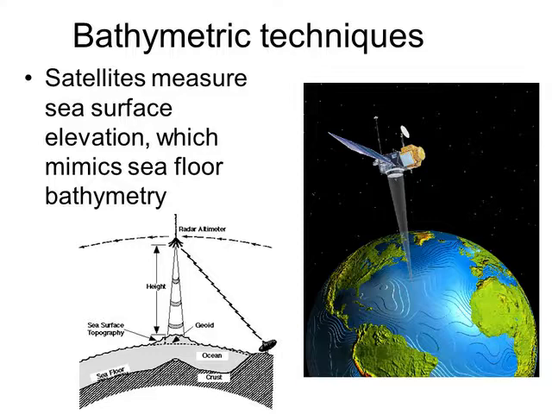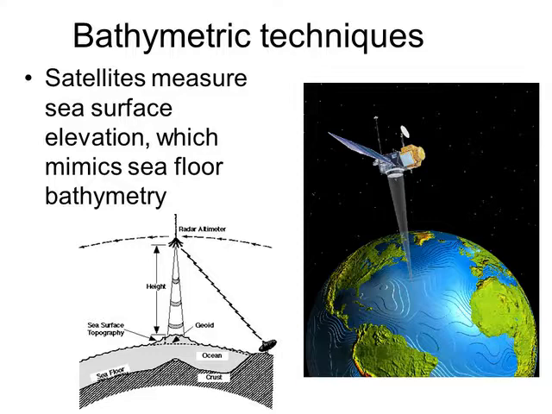And essentially what happens is that satellite sends down a signal down to the Earth's surface. It measures the difference in sea surface height. So it has what's known as an average sea surface height.